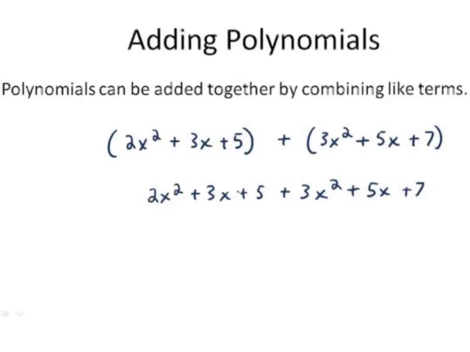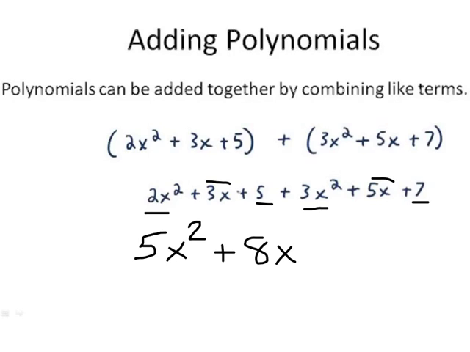So let's see what I could add. 2x squared and 3x squared would give me 5x squared. And then 3x plus 5x gives me 8x. And then 5 plus 7 gives me 12. So that's how you do it. It's very, very simple.